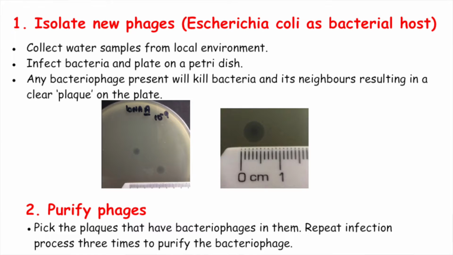The bacteriophages kill bacteria and neighbours on the plate. As you can see in the picture, the bacteria leave a cloudy lawn on the Petri dish, and the bacteriophages result in a visible clear circle, which we call a plaque.